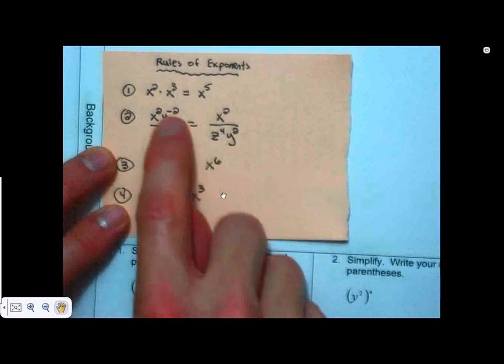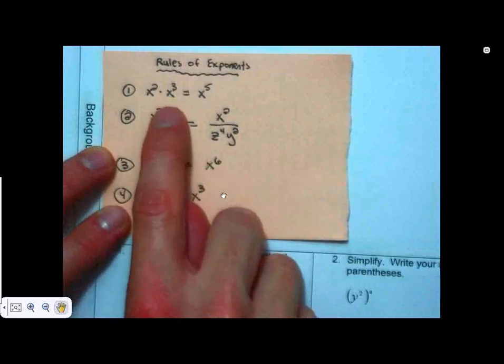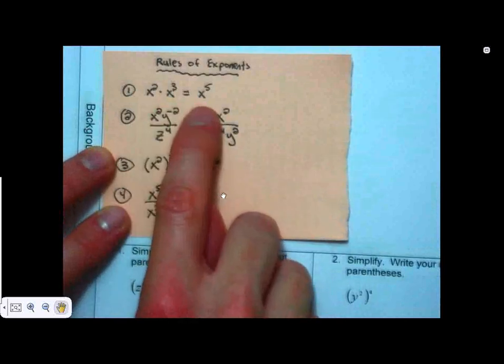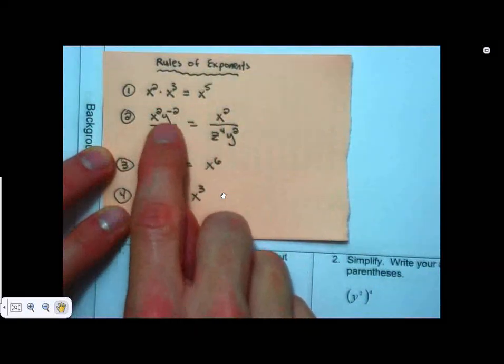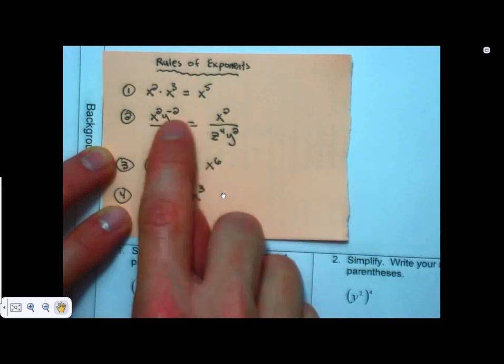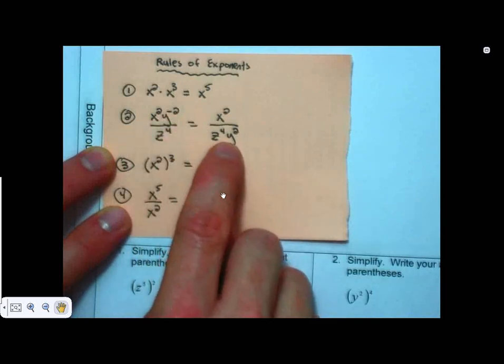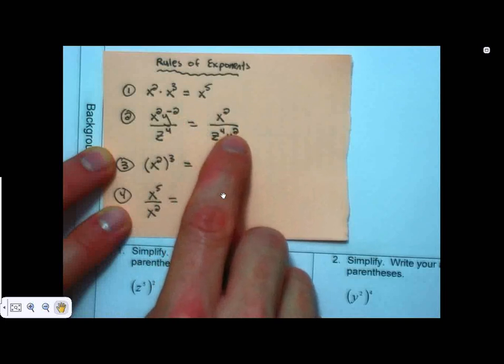For me, that's my 3rd rule of exponents. So if I have a power to a power, then I'm multiplying the exponents together. The first rule is if you're multiplying like bases, you add the exponents together. My second rule is if you have negative exponents, remember that means that we've got a reciprocal. Reciprocal means flip over. So we flip this y to the negative second to the bottom, and the exponent stays the same number, but it changes signs.